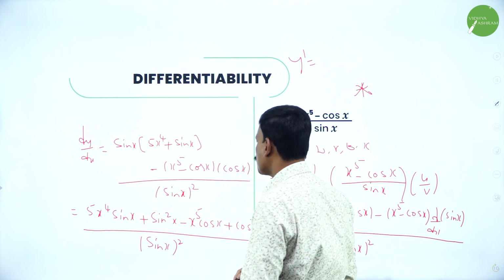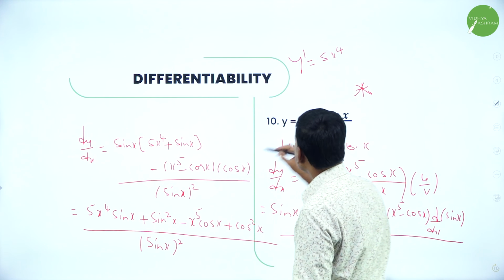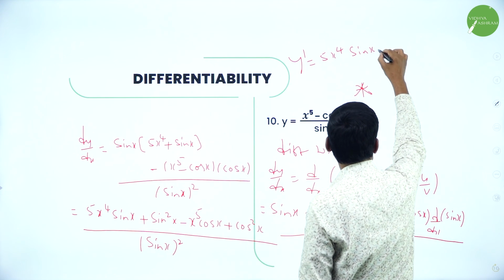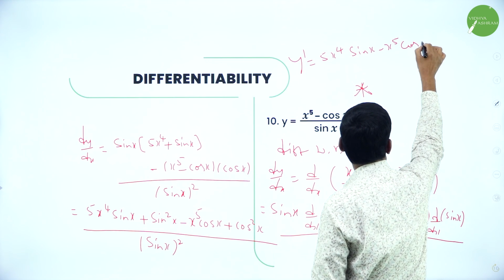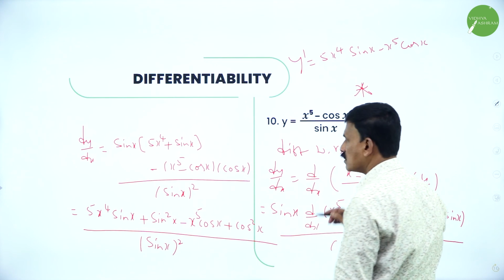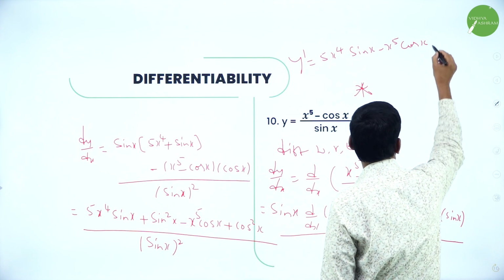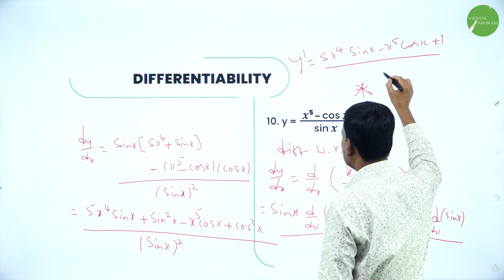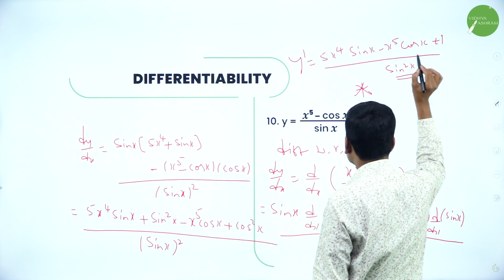y dash is equal to 5x raised to 4 sin x minus x to the power of 5 times cos x, plus this sin square x plus cos square x. Sin square x plus cos square x can be written as 1, so plus 1, divided by the denominator sin x whole square, or sin square x.